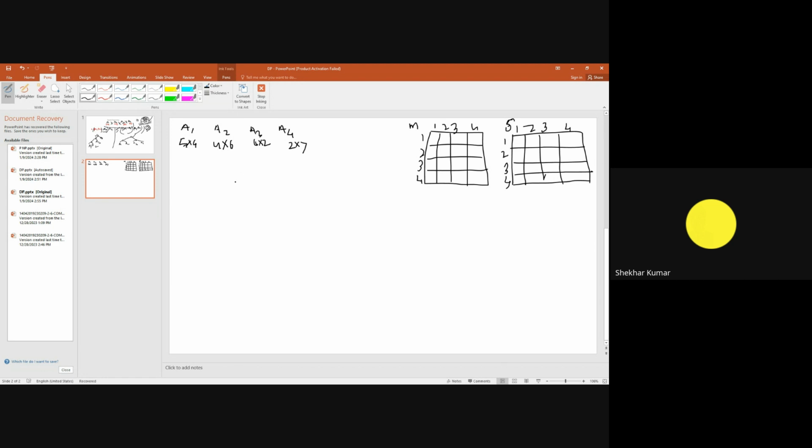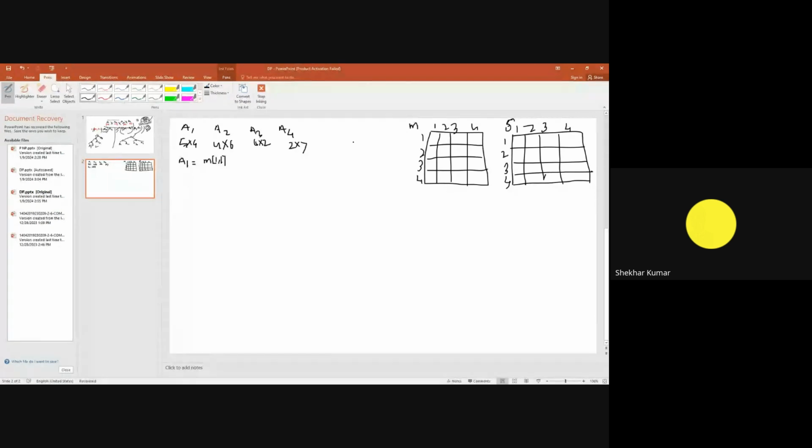In the first step of the matrix multiplication, if I multiply A1 by A1, it means I calculate M1,1.